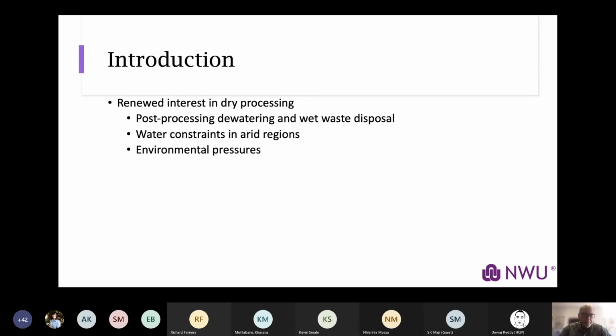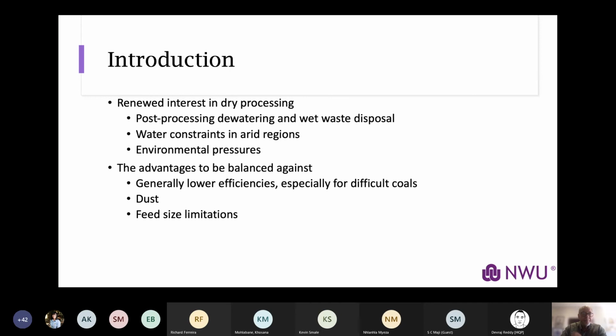Maybe it is a bit of a pipe dream, but still it's happening, and there are people around the world who are making it happen. Of course, there's this environmental pressure as well, something that we're all acutely aware of, that we need to move away from just simply wasting and dirtying all our water.